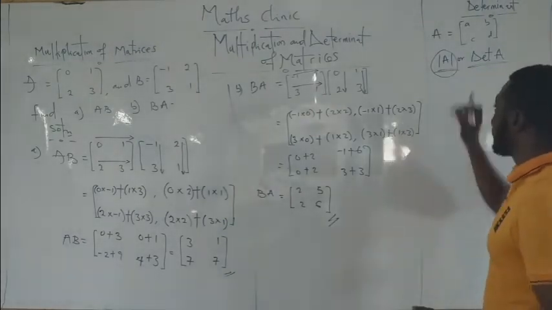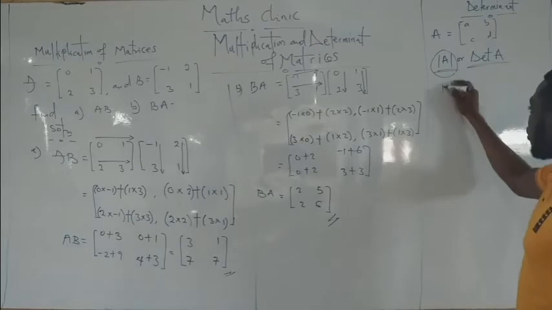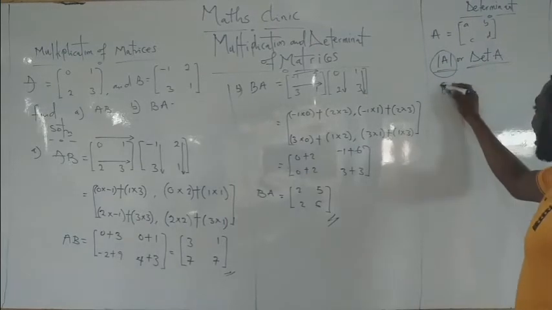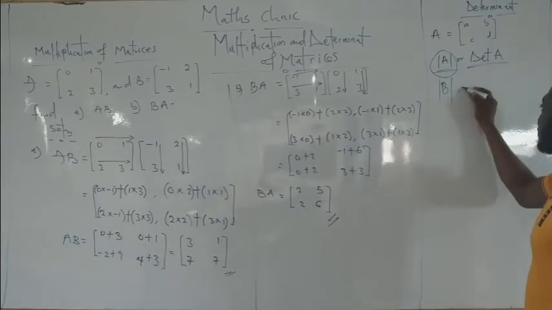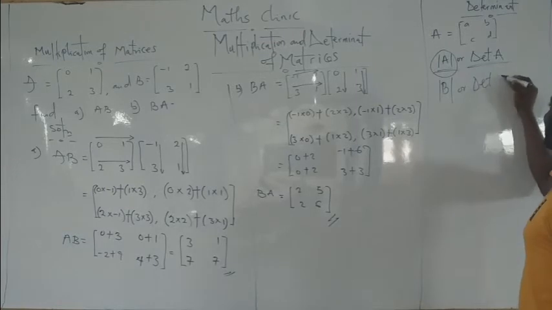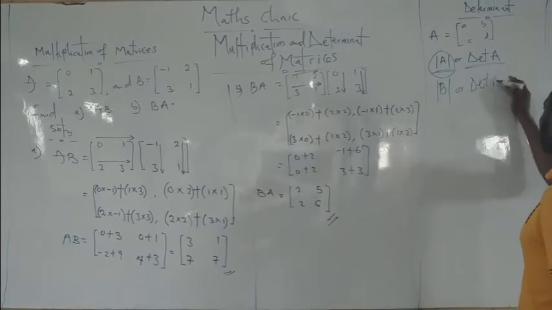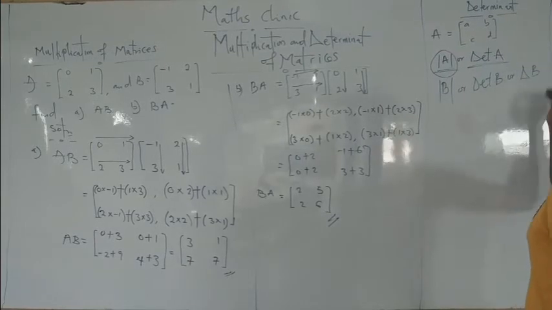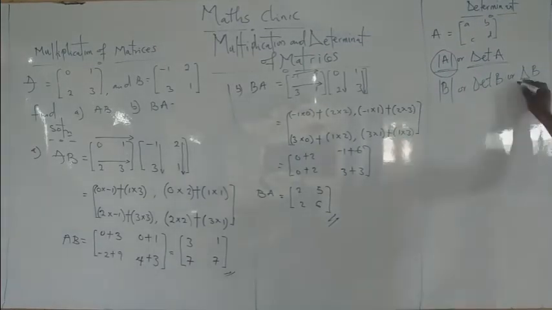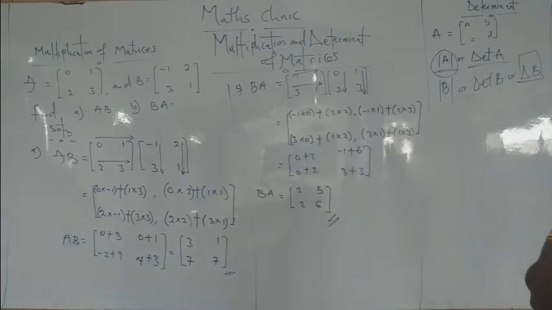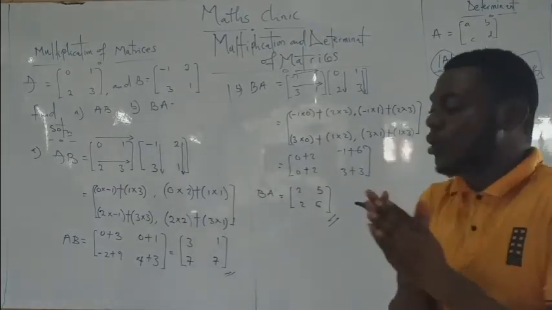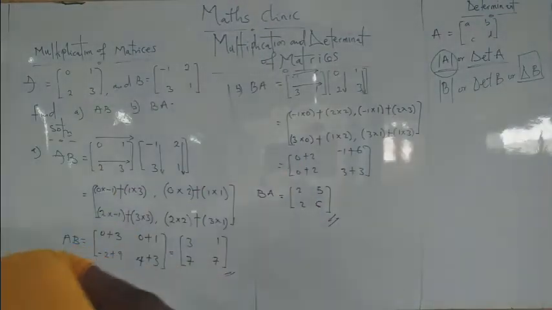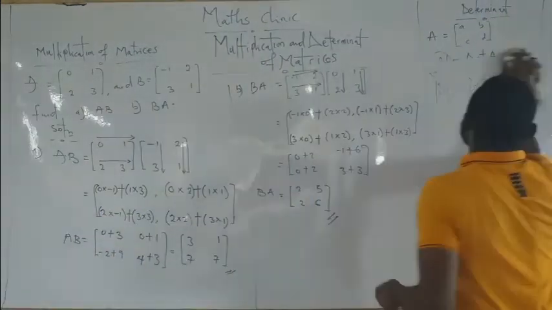That's the determinant of matrix A. If what you are using is B, the determinant of matrix B will be this, or that B. Don't forget that the matrix must be in capital letter, while we use small letter to represent the element.